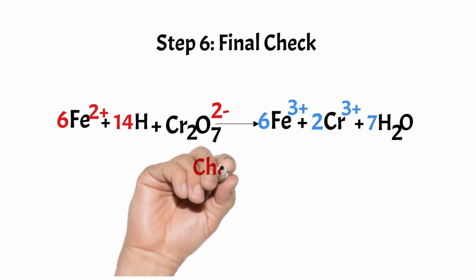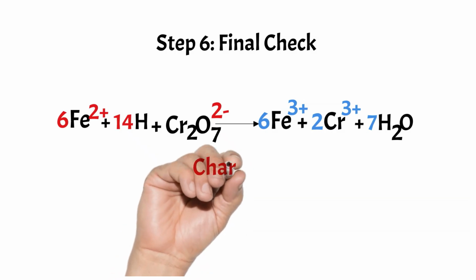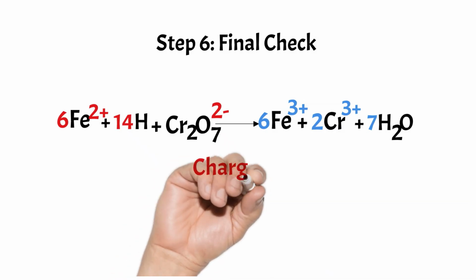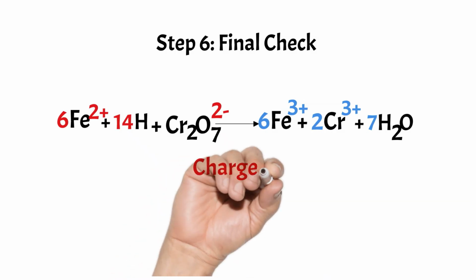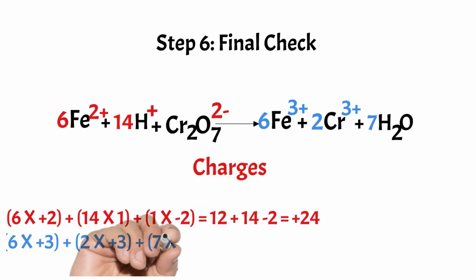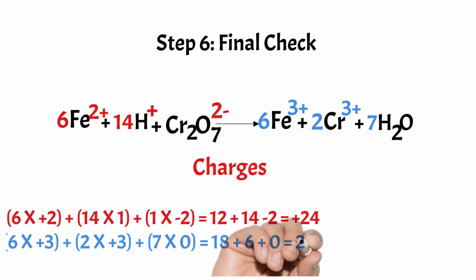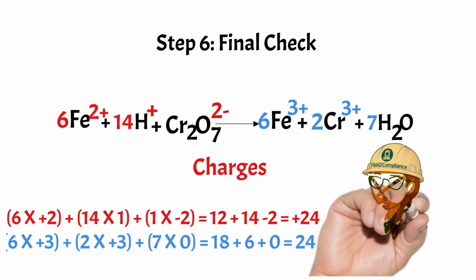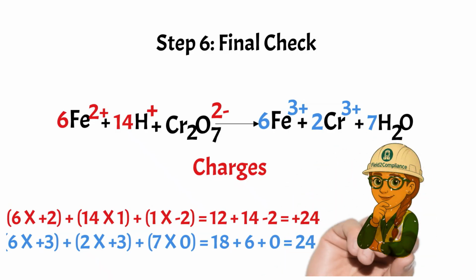On the right side, we have 6 times a +3 plus 2 times a +3 plus 7 times 0. This gives you 18 plus 6 plus 0, which gives you a +24. The charge is now balanced. And here's your final balanced redox equation.